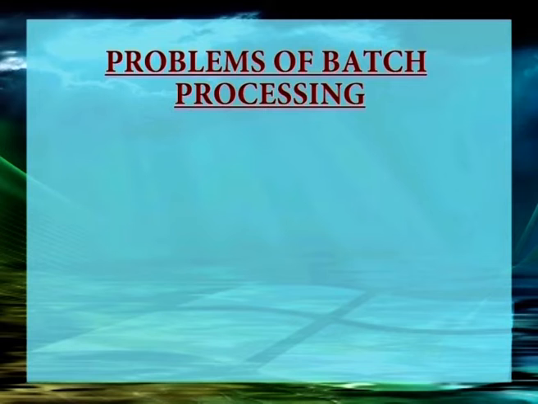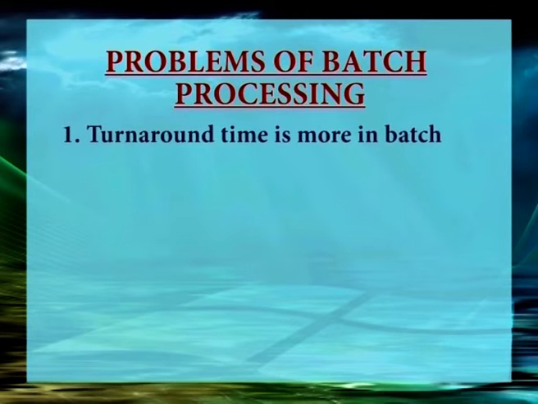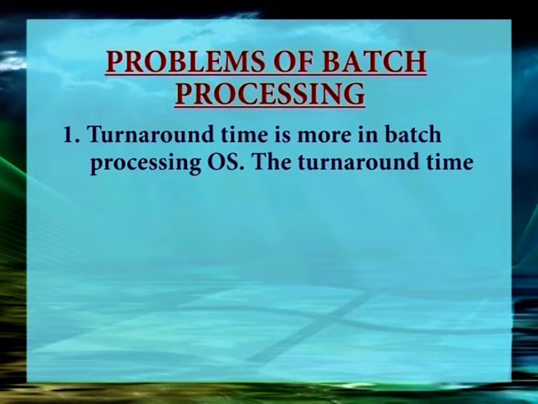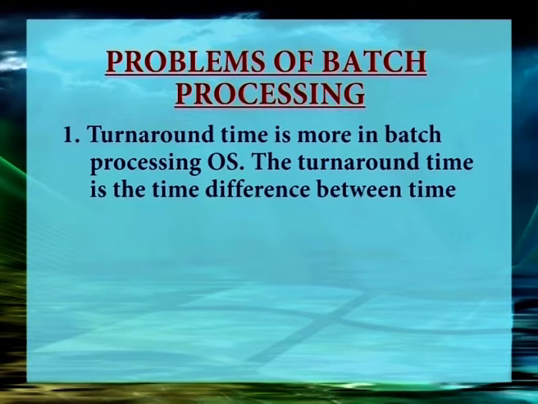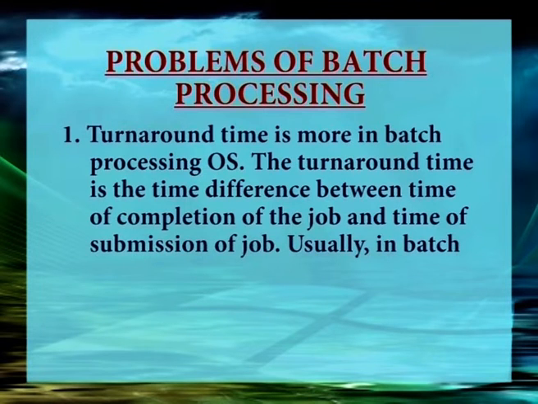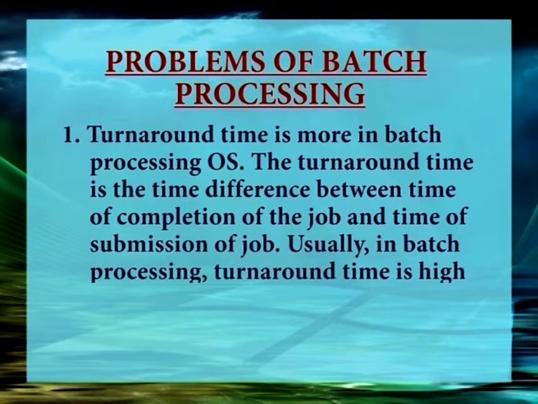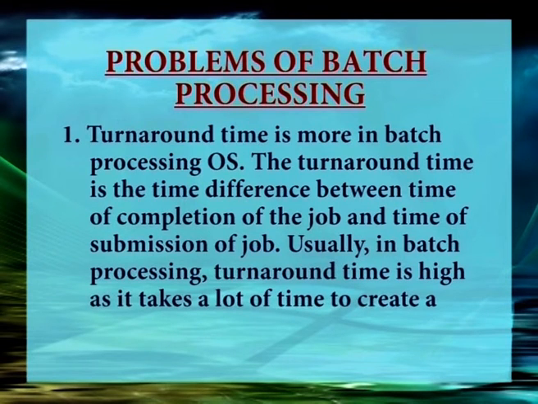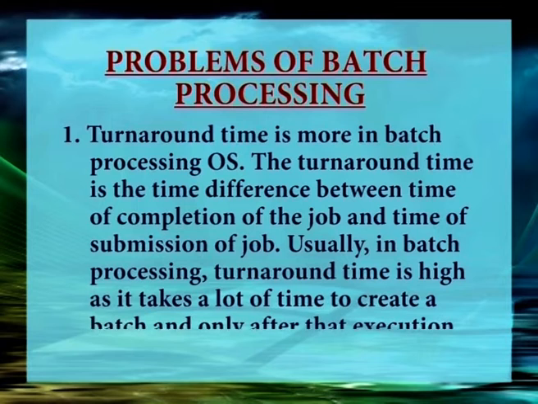Problems of batch processing. First problem is that turnaround time is more in batch processing operating system. The turnaround time is the time difference between the time of completion of the job and the time of submission of the job. Usually in batch processing, turnaround time is very high as it takes a lot of time to create a batch and only after that execution starts.